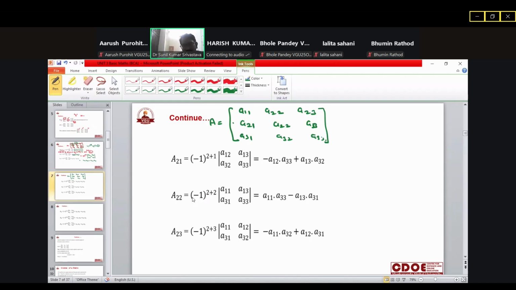That's it. So we have to go like that. What do we have to do in this context? We are going to find the cofactor of the element A21.